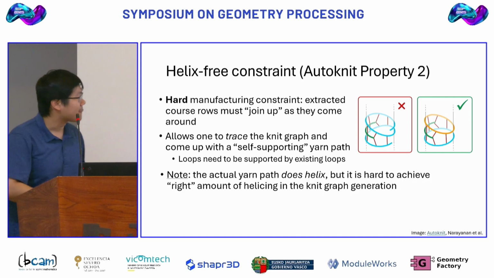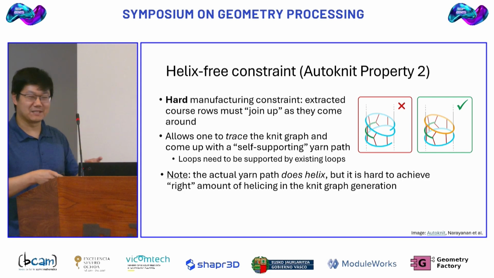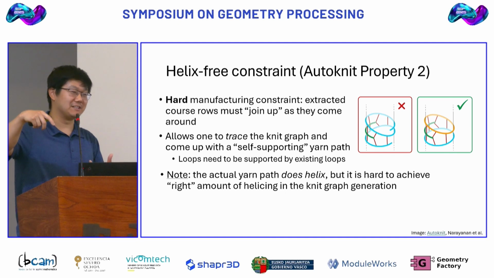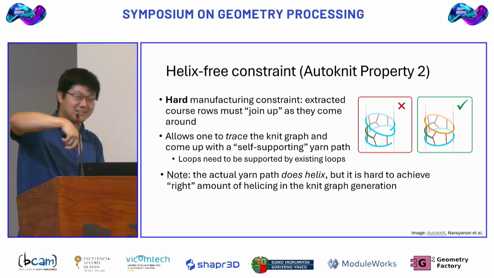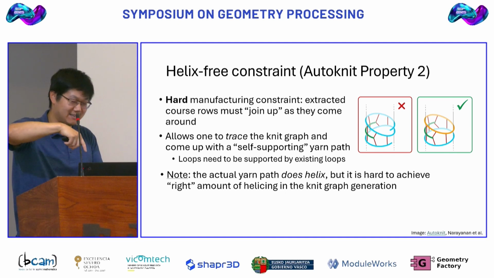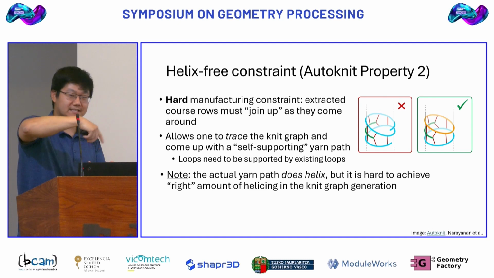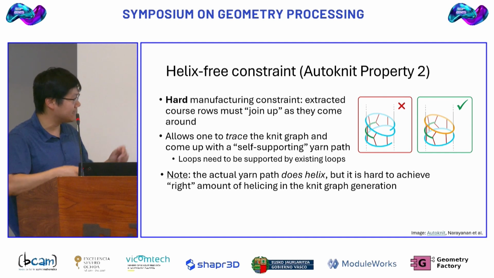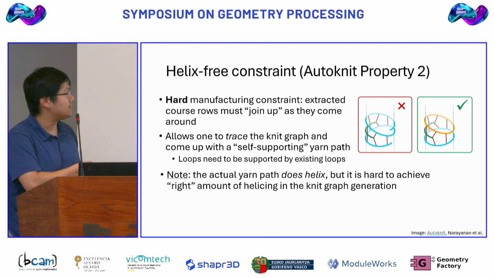I will acknowledge that this is confusing, right? Because I'm sure you saw the image of the cylinder, and you saw that literally the yarn path ends up wrapping back around on itself after one go around, so it does helix. But the way that they achieve it here is via this tracing step.